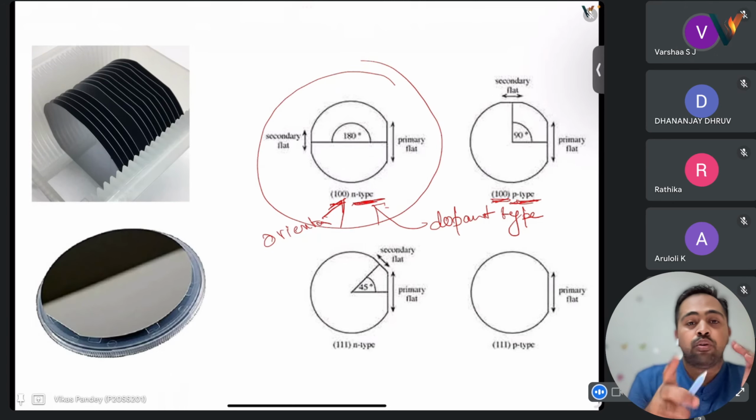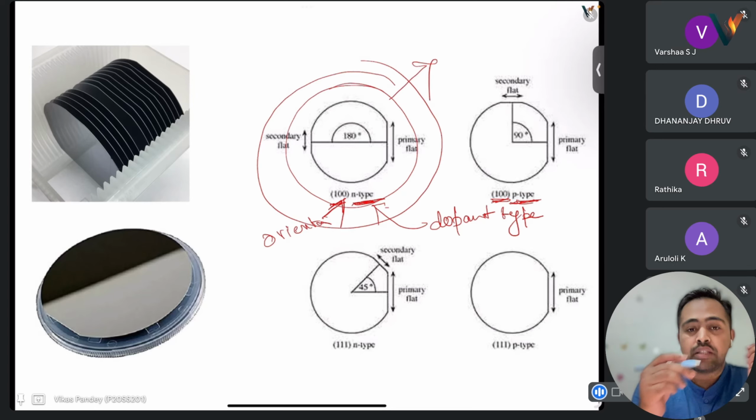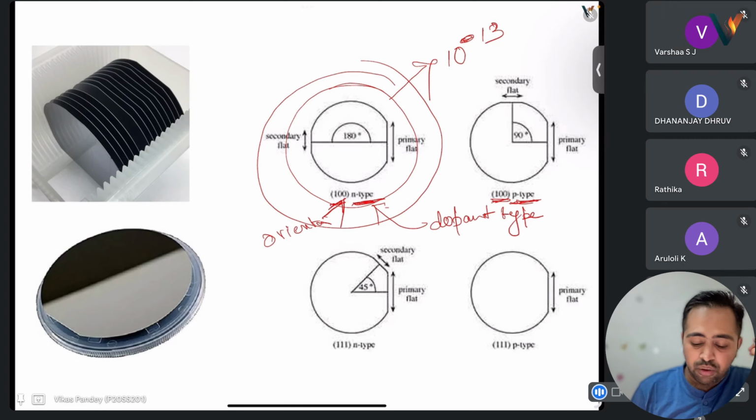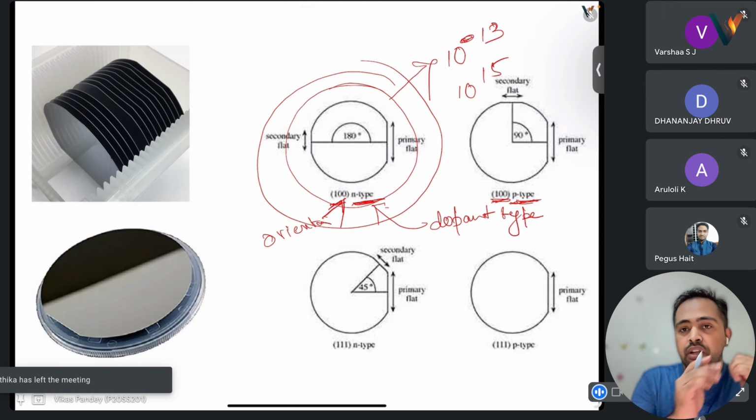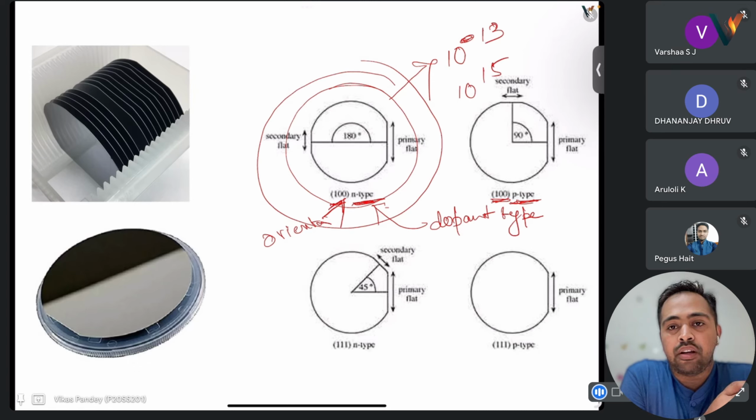So if this is N type, whether it is doped with say 10 to the power 13 atoms, or with 10 to the power 15 atoms, it will still be an N type wafer, and it will still be shown by the same type of cut. That is why doping concentration is not mentioned here.